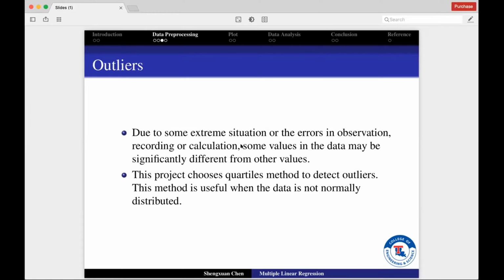The outliers may be extreme values or error values due to experimental inaccuracy. So to detect the outliers in the whole data, this project will define an interval, and the data which do not lie in the interval are outliers.